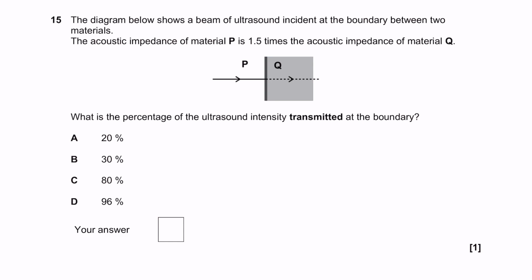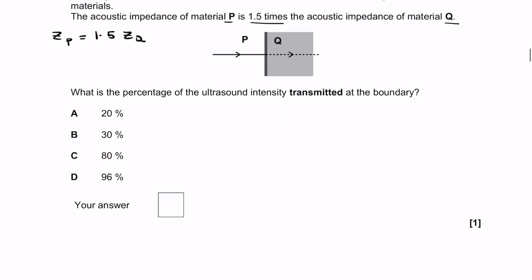Here we have a diagram which shows a beam of ultrasound incident at the boundary between two materials, and the Z value, or the acoustic impedance, of P is given to be 1.5 times that of Q. So ZP is 1.5 times ZQ. What is the percentage of the ultrasound intensity transmitted at the boundary?